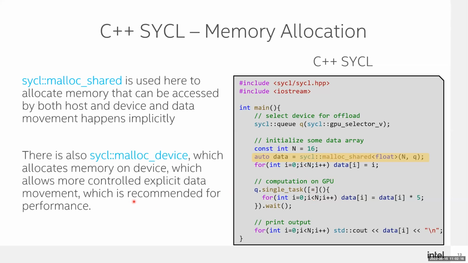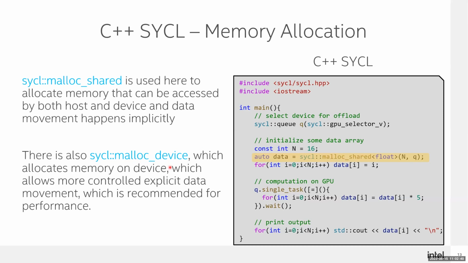Okay. So eventually you'll start learning that there is a different way to do this allocation. This malloc_shared does allocation so that it can be accessed both on host and device, but there is a device specific allocation. In some cases, you might want to allocate memory only on the GPU, and you want it to be retained on the GPU while doing computation.